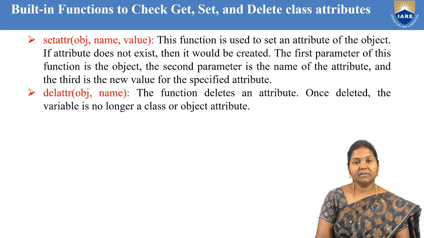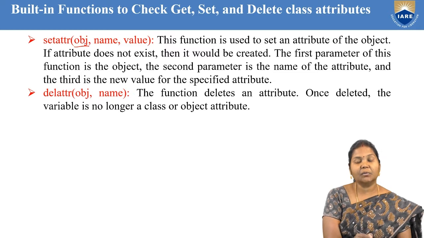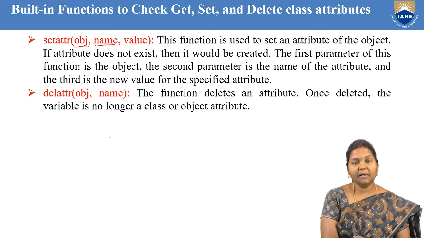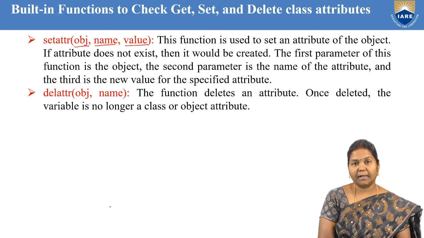Now, the third function is called setattr. If you want to set an attribute for a particular object, you can use this function. Let us see what the arguments for the setattr function are. setattr takes 3 arguments: the name of the object, the attribute name, and the value you want to set, given as the third parameter.